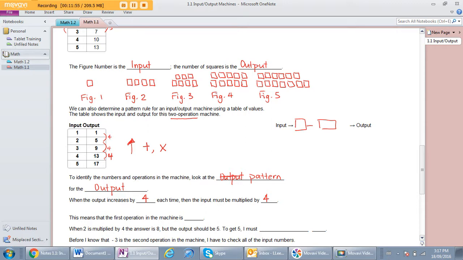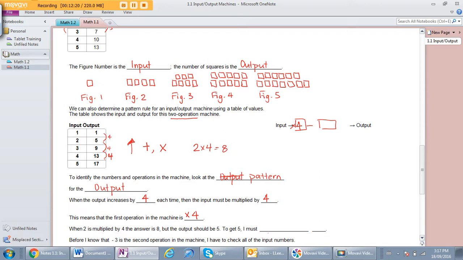So in this case, it means that the first operation in my machine is to multiply by 4. The problem is when I multiply 2 times 4, I get 8.